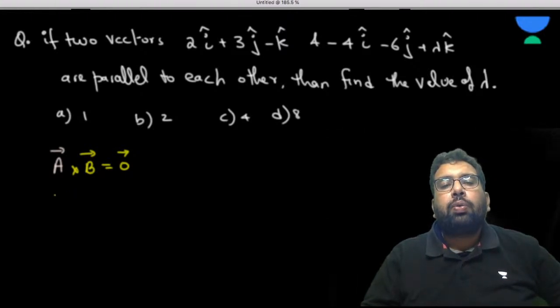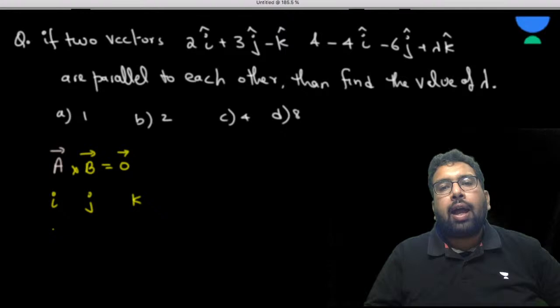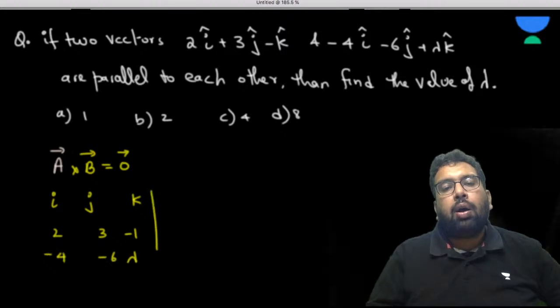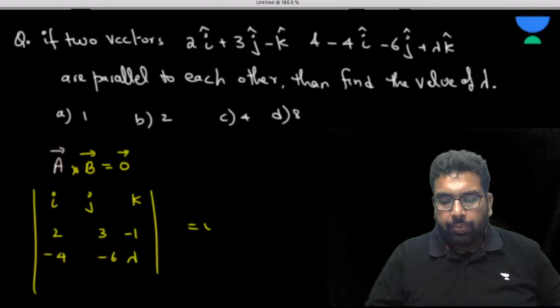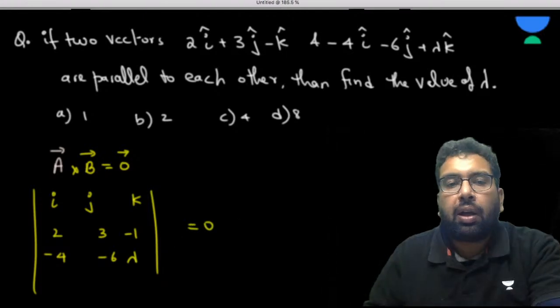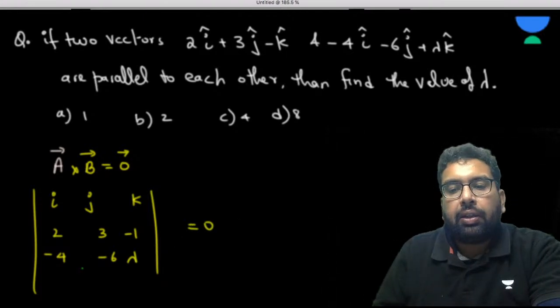So we can write A cross B is a zero vector. So what we can do, we can write the determinant. What is A cross B? I can write i, j, k, and this is 2, 3, minus 1, and minus 4, minus 6, and lambda. So this is going to become 0. Now we can get the determinant of it. See how it will become.